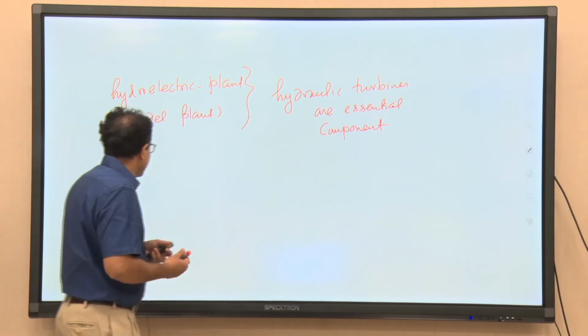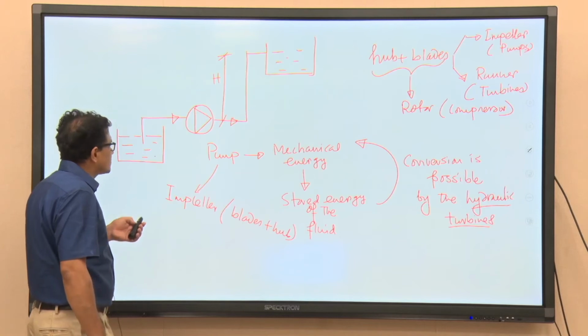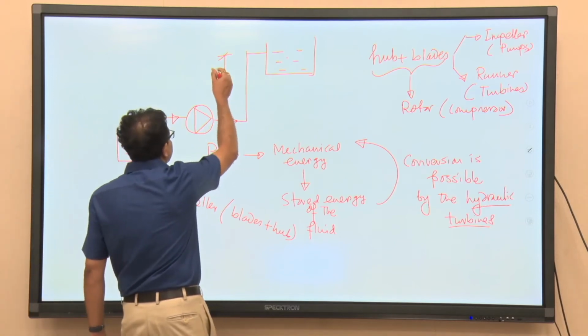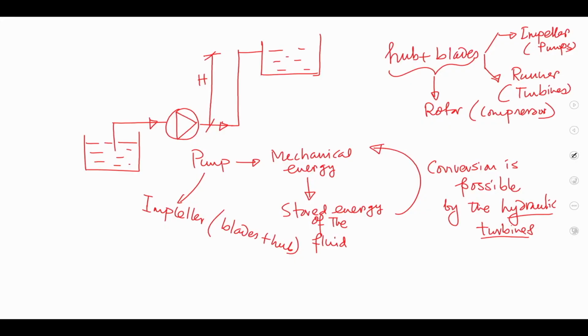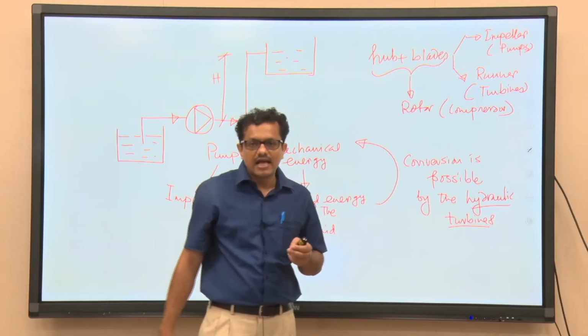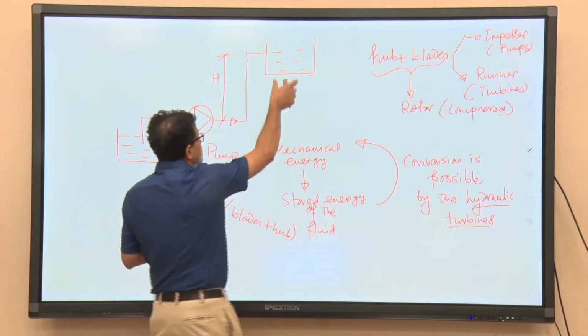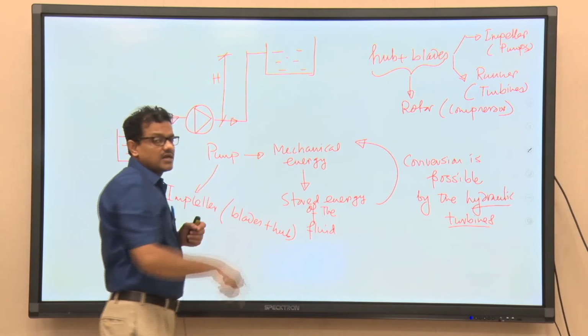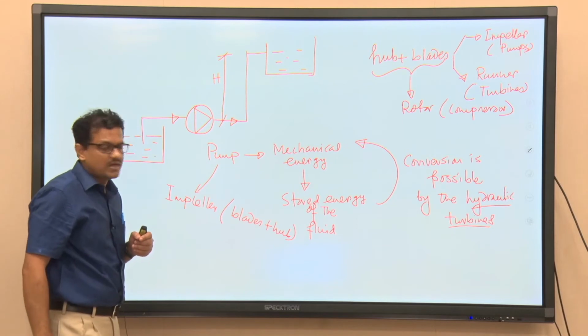I have just discussed that we can make use of the available head. If we have a reservoir, which is commonly known as a dam, the stored energy of the fluid will be utilized to rotate the runner of the hydraulic turbine.